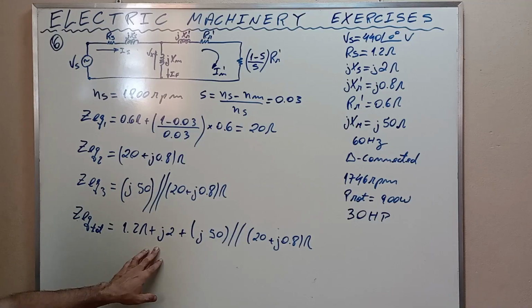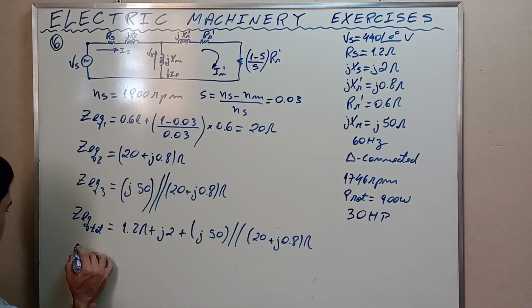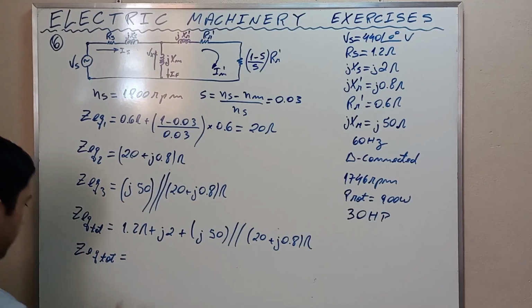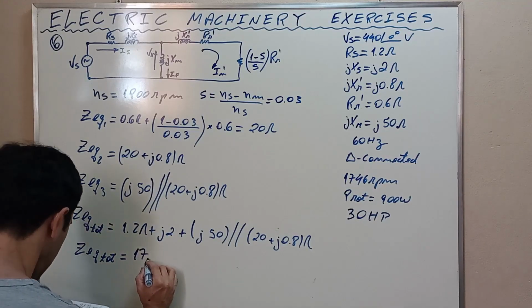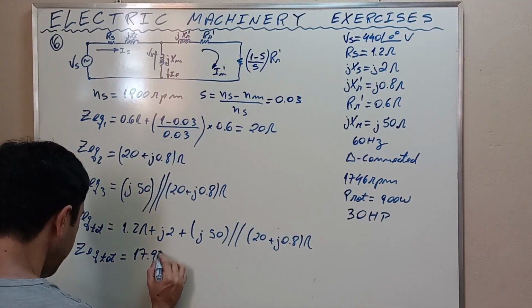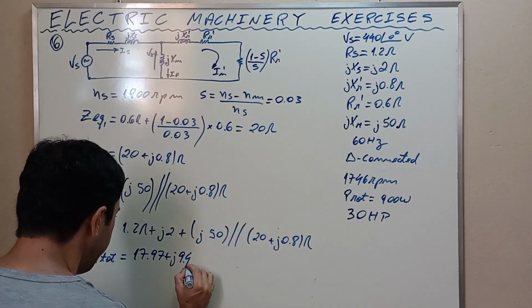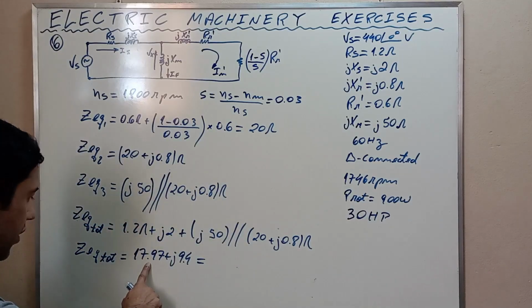It is simple mathematics, and we find that the total equivalent impedance, the impedance seen by the source, is equal to 17.97 plus j9.4, which is the Cartesian representation.